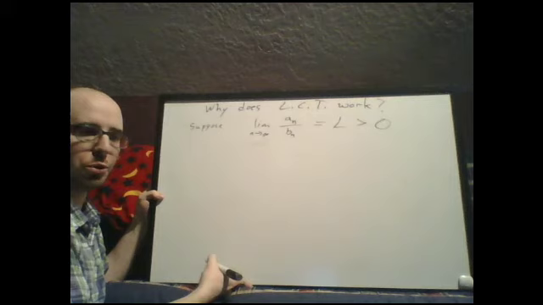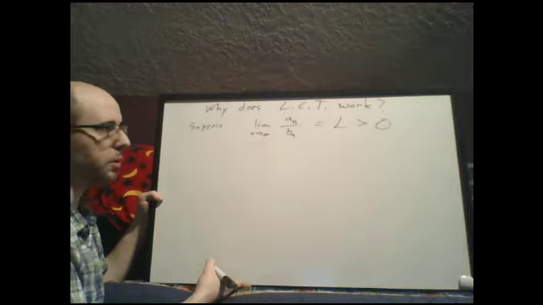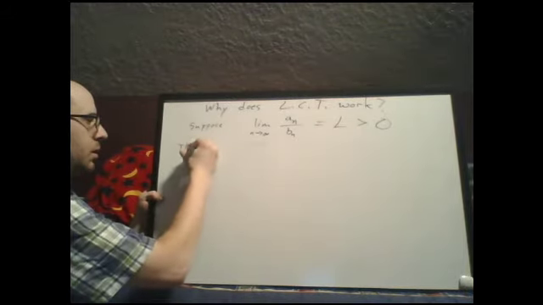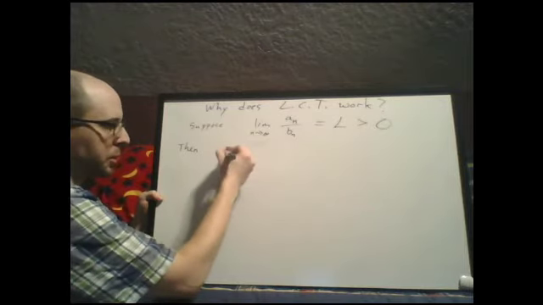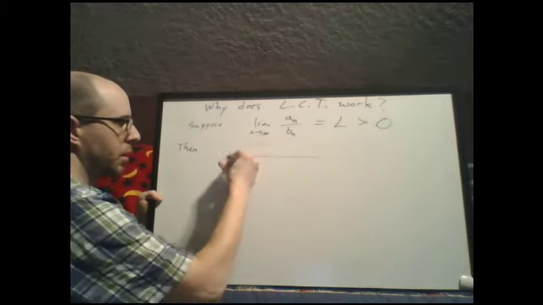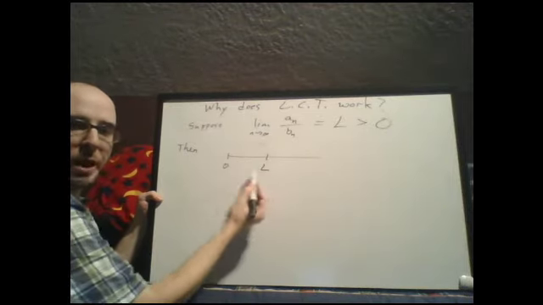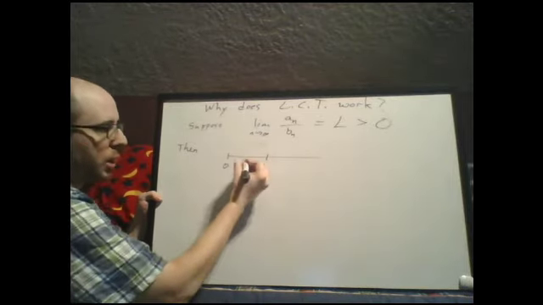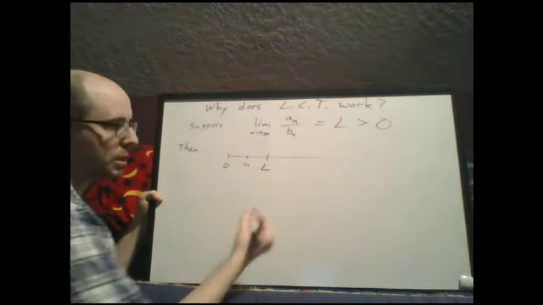Then what I can do is find two other numbers. So L's not 0. So let me make a number line picture here. L is not 0, so there's space between 0 and L. So what I can do is find a number inside that space, call it m, lowercase m.